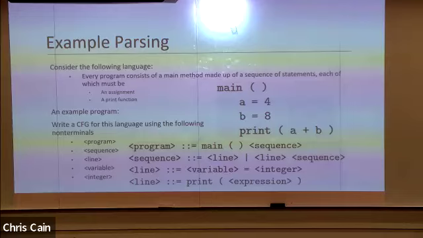A line has two possible things that it could be. It could either be an assignment statement or it could be a print statement. So a line could either be variable equals integer, since we only care about integers in this language. And the other would be the terminal print space, open parentheses, space, some expression, followed by a space, followed by a close parentheses.